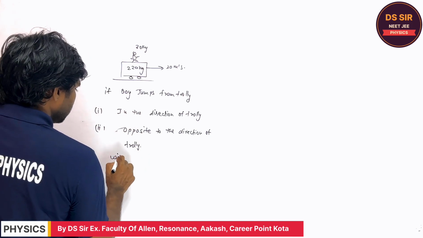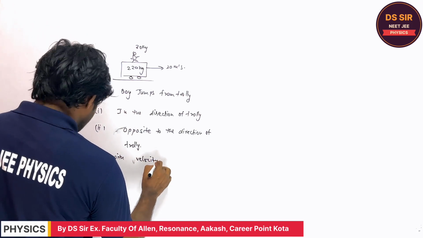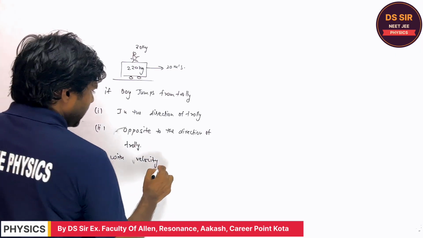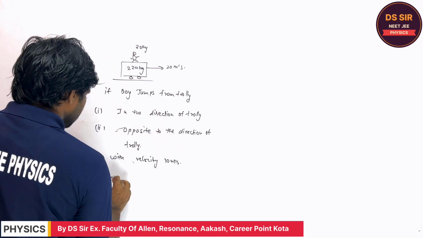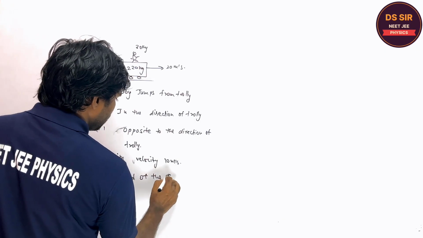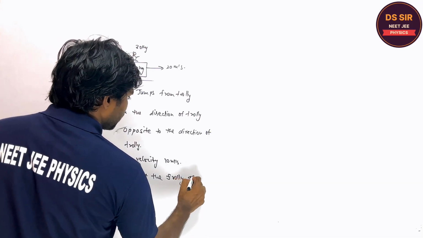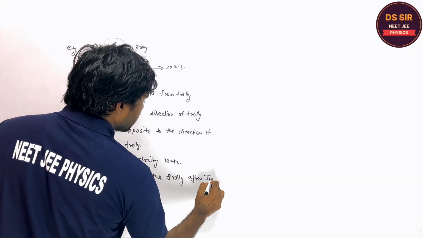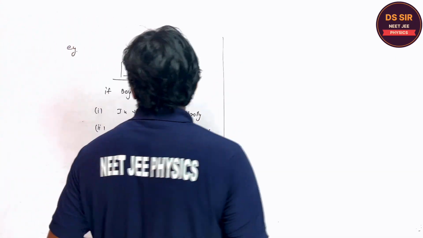With velocity, and the velocity is 10 meter per second, right? Find the speed of the trolley after jump. So this is the question, right?